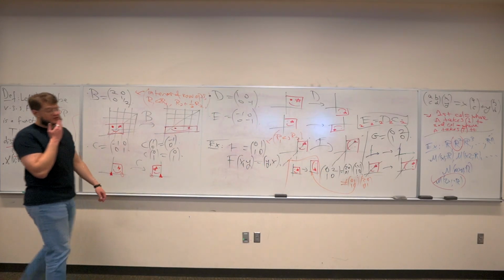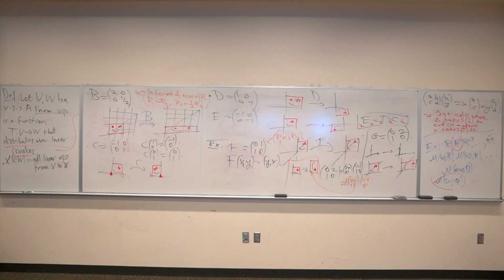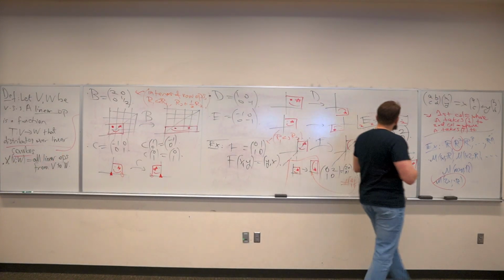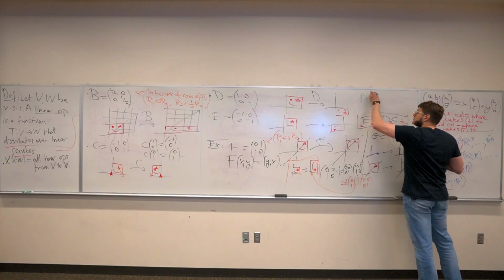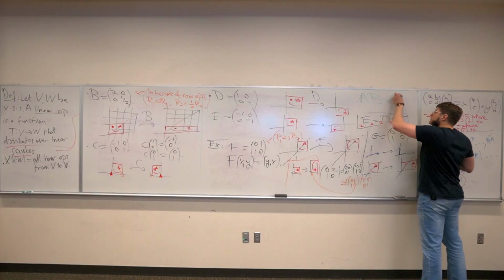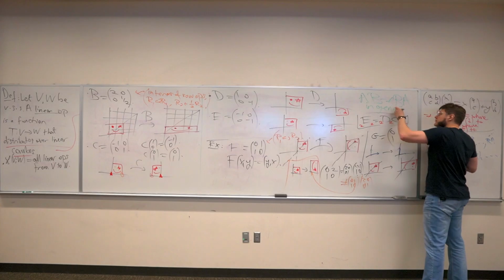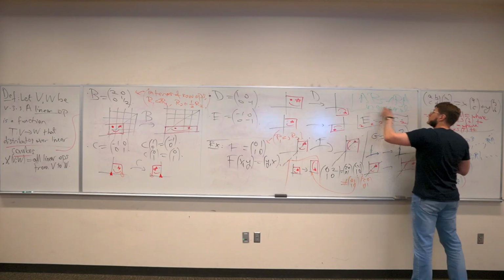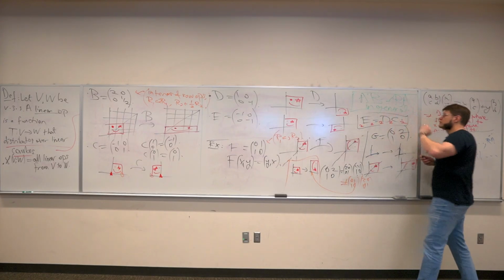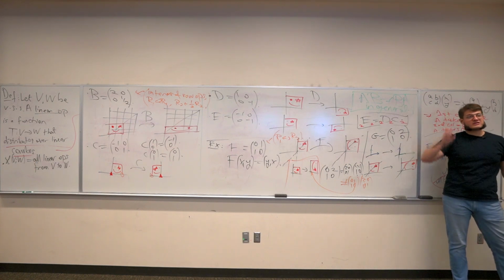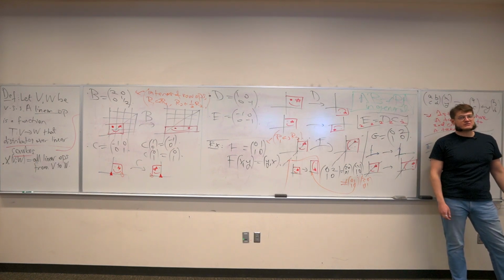And like your colleague mentioned, AB, even when it is defined, is not necessarily going to be equal to BA in general. This is the one thing that really complicates situations in linear algebra.